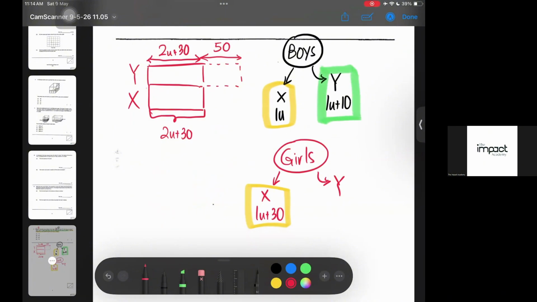So class Y, how many students in total? Yes, 2 units plus 80, right? This is the total.